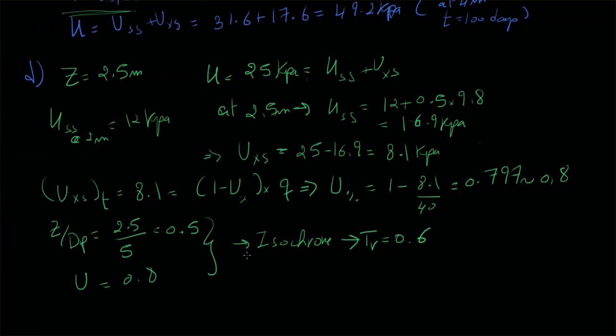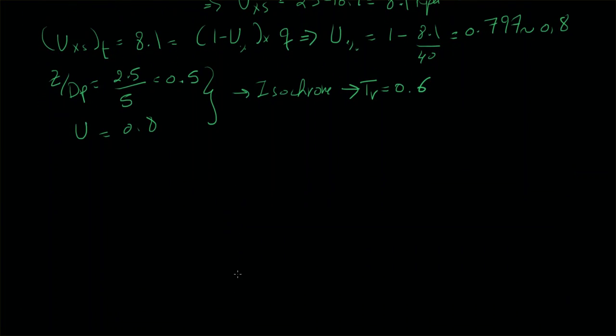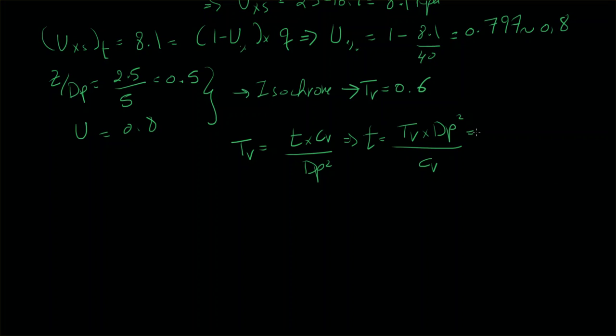Now my TV equals T times CV over dP squared. Therefore, T equals TV times dP squared over CV. That is 0.6 times the drainage path 5 squared over CV, which is 1.21 times 10 to the power minus 6.